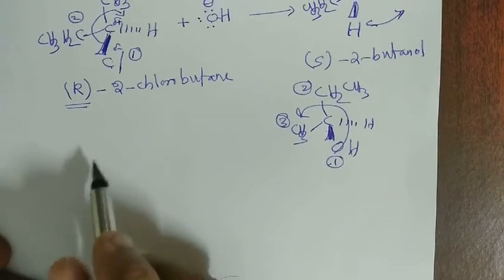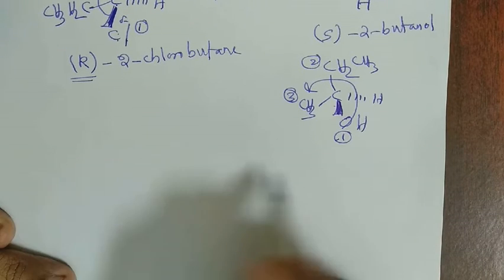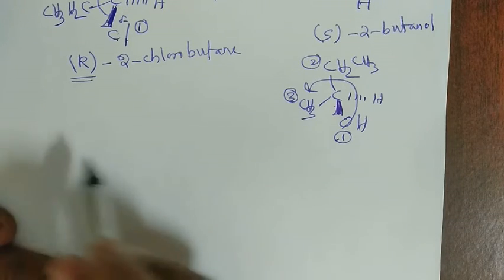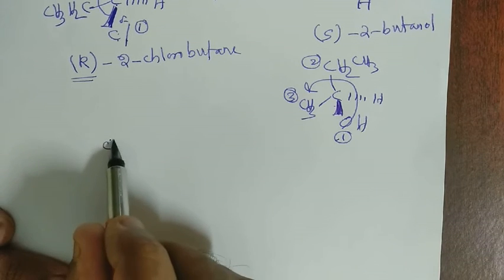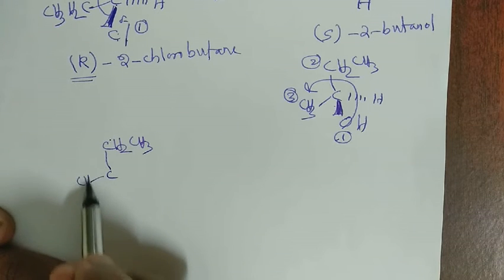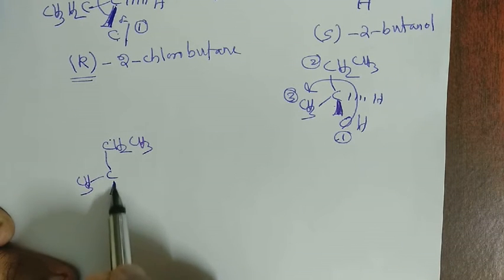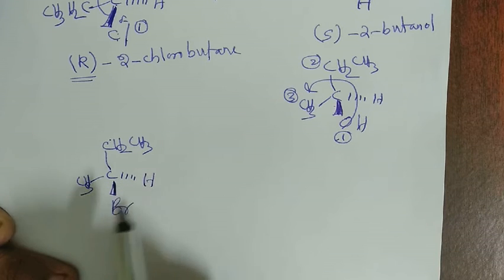Similarly, the S isomer of alkyl halide gives the R isomer of substitution product. For example, CH2, CH3, CH3, bromine, hydrogen.